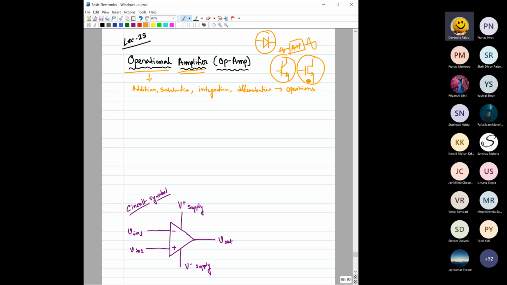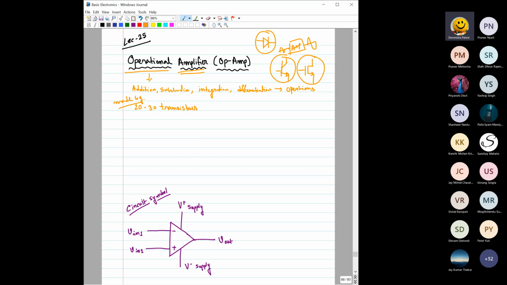Unlike these individual devices, the operational amplifier is not a single device, but a combination made by using 20 to 30 transistors.